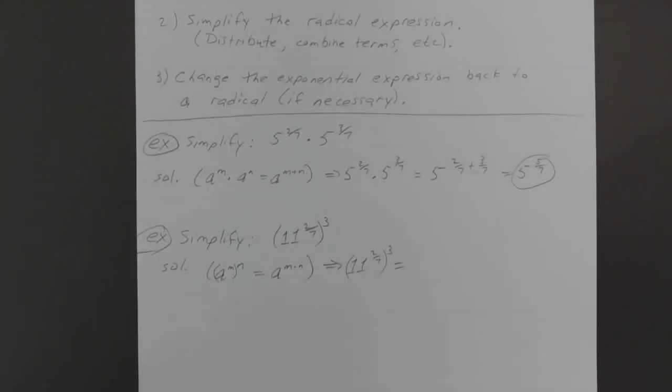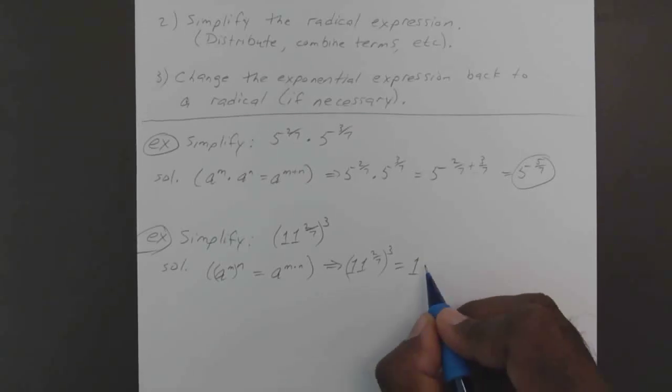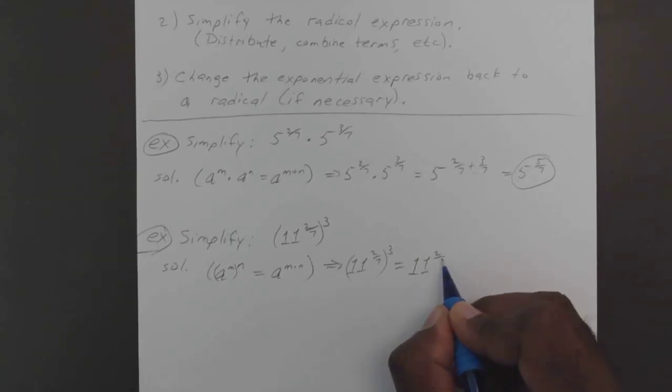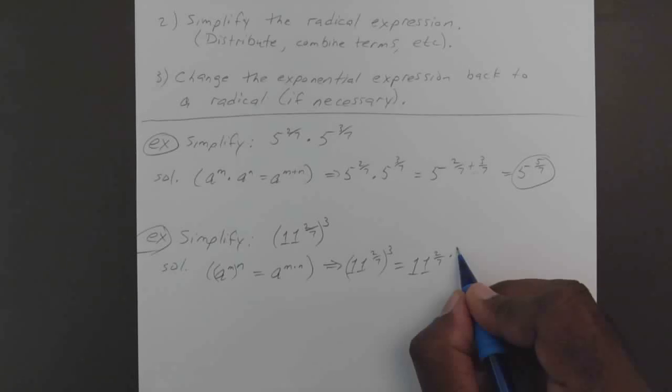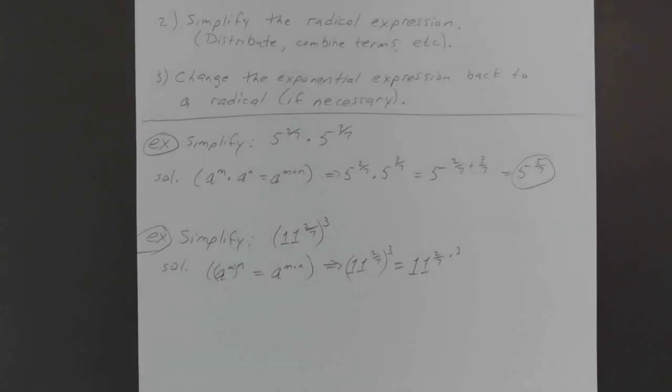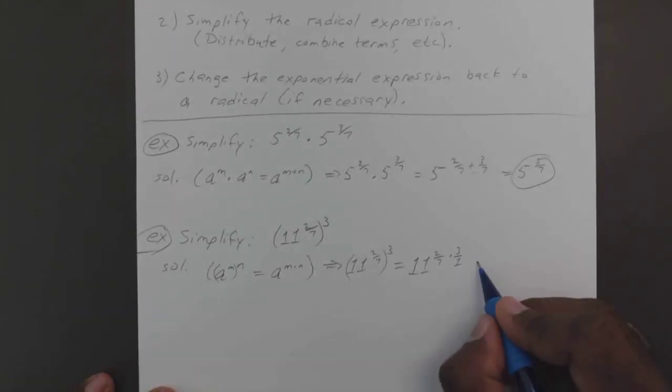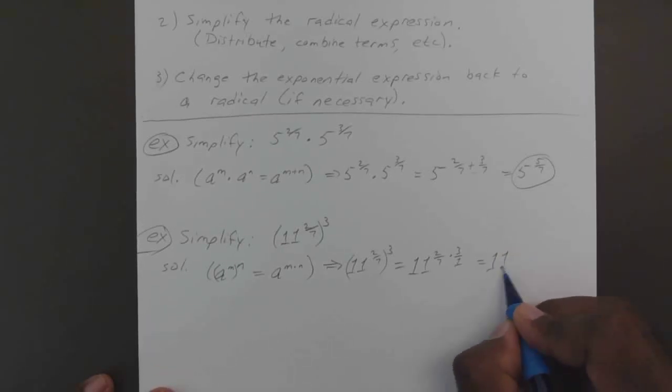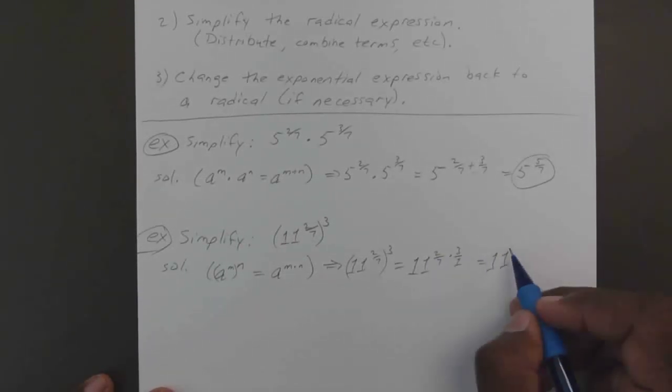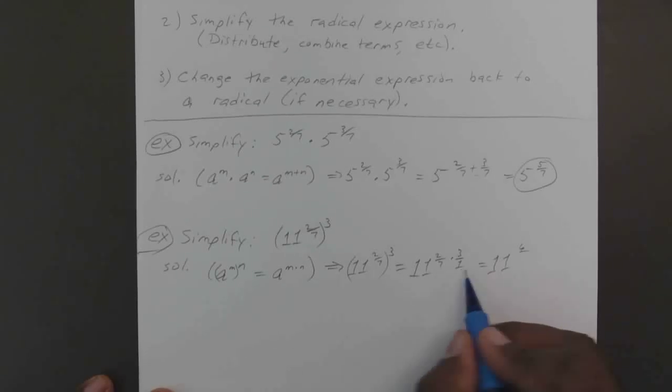Forget the names of them sometimes. Okay, so that's just 11 to the 2/7 times 3. If you want, you can make the 3 into 3 over 1. Which is 11 to the power of 2 times 3 is 6, over 7 times 1 is 7.